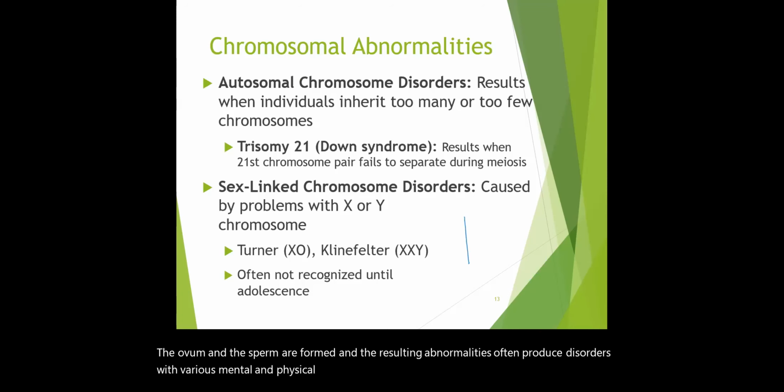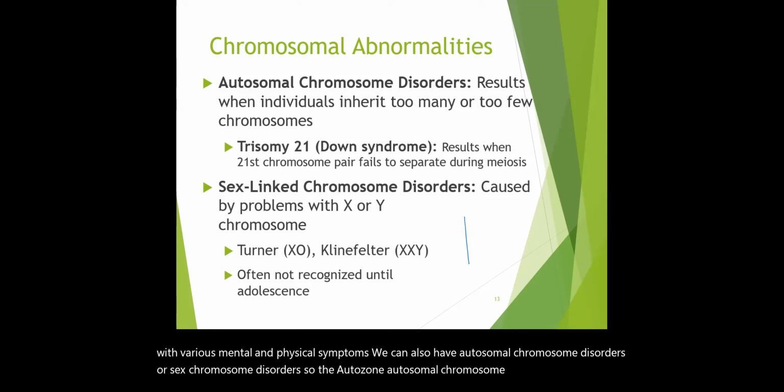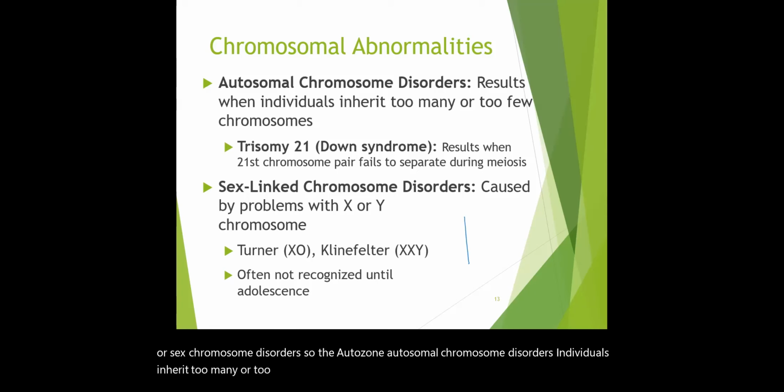We can also have autosomal chromosome disorders or sex chromosome disorders. So the autosomal chromosome disorders, individuals inherit too many or too few chromosomes. An example of this is trisomy 21, also known as Down syndrome.